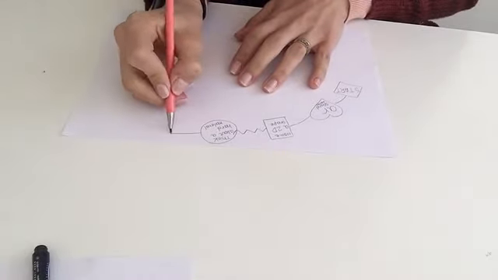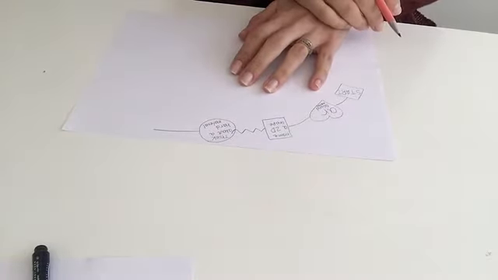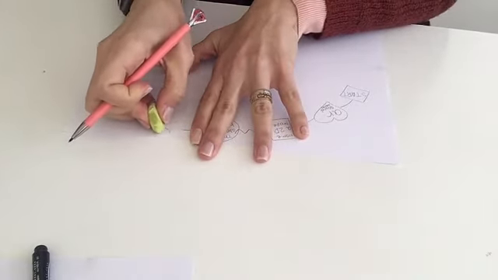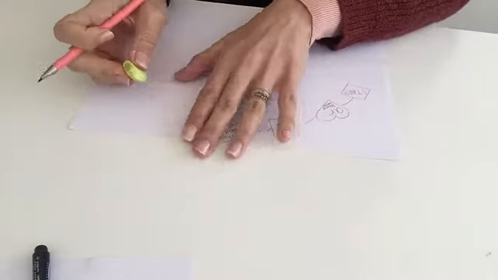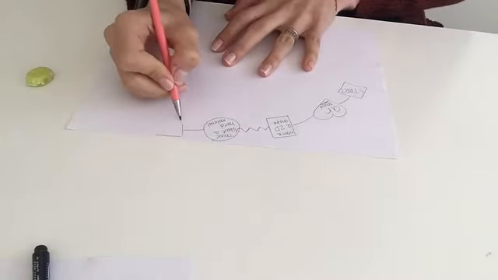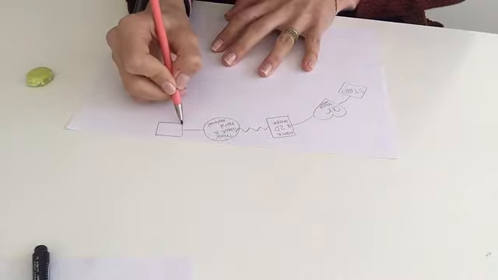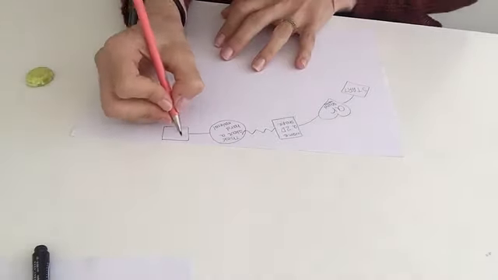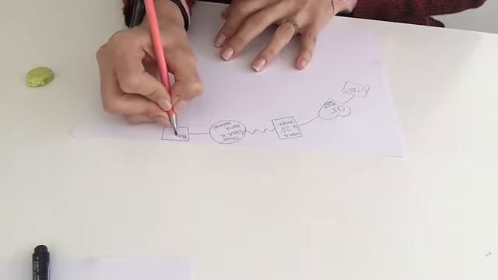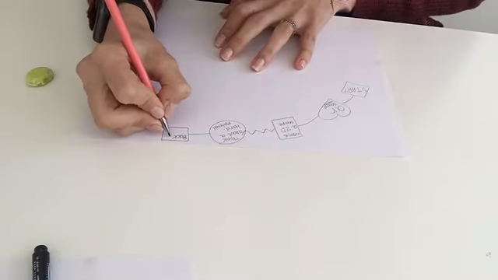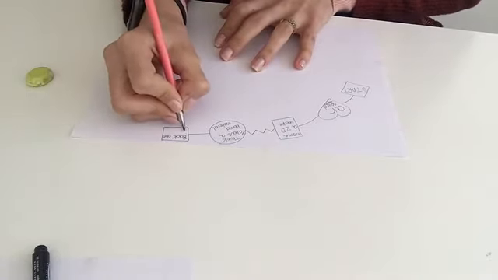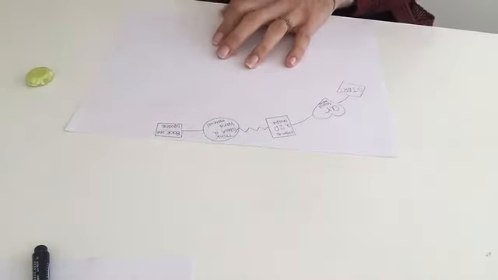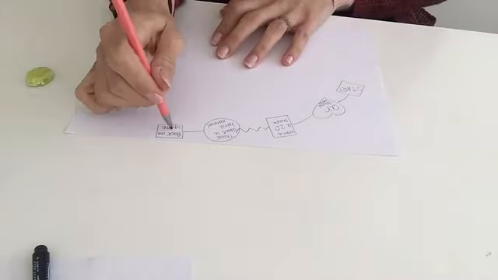So let's go here. And then I will put here in the middle a tricky square. So if you land here, you have to go back one square, for example. Here you have to come back if you stop here.